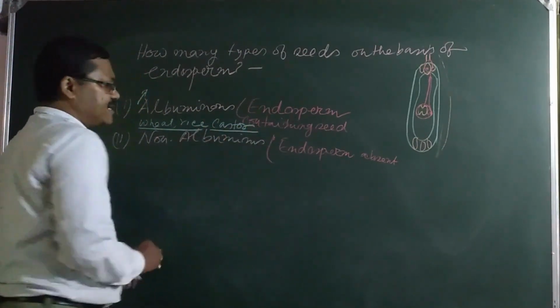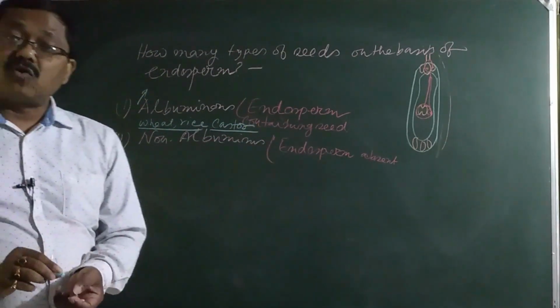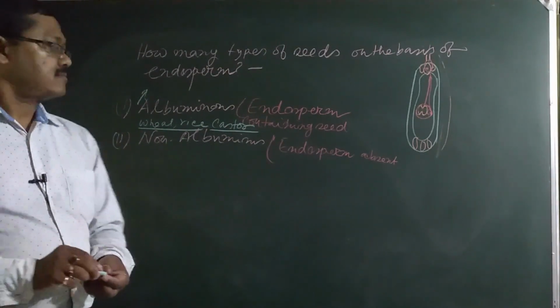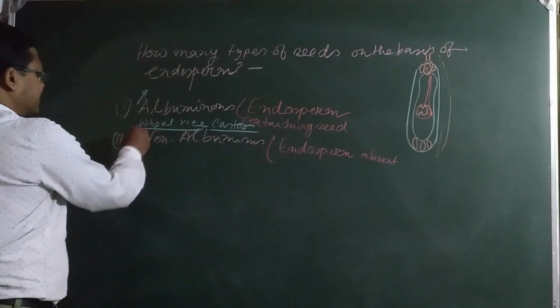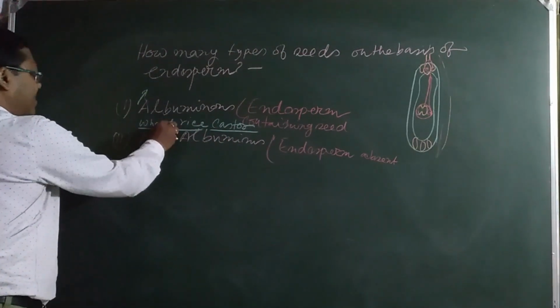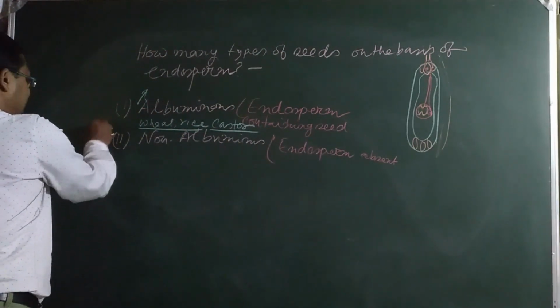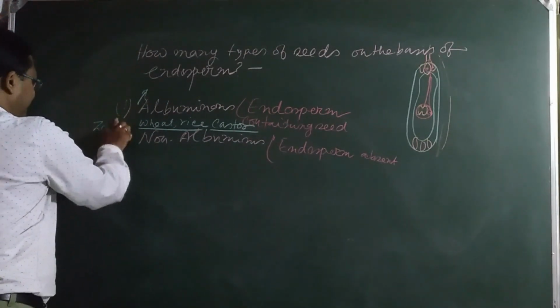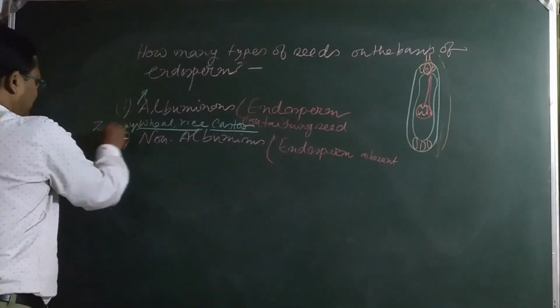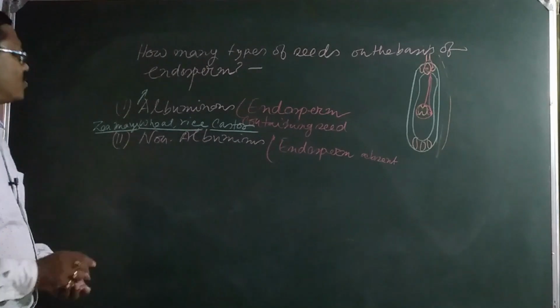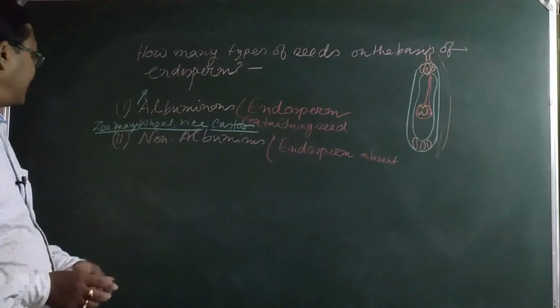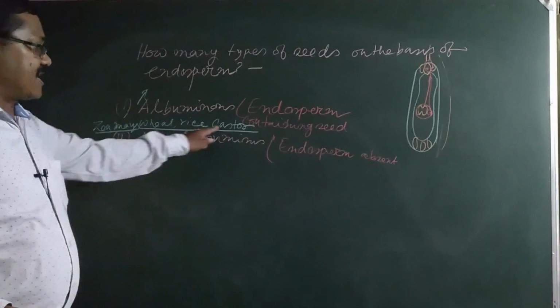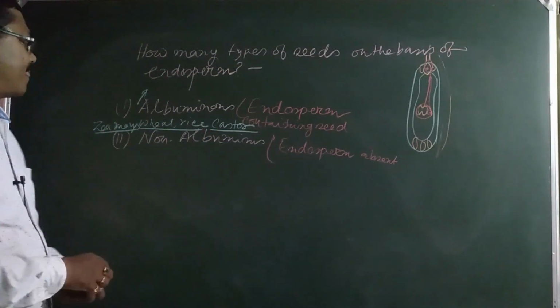Castor is a seed that contains endosperm. Maize is also a monocot and albuminous. Maize, wheat, rice and castor are all endospermic seeds. The first three are monocots and castor is the dicot.